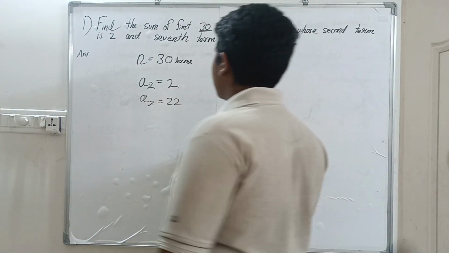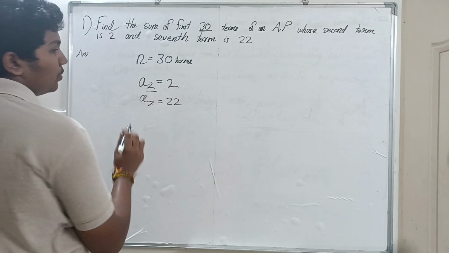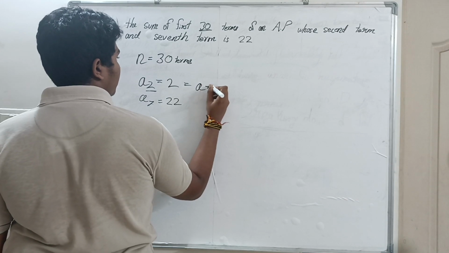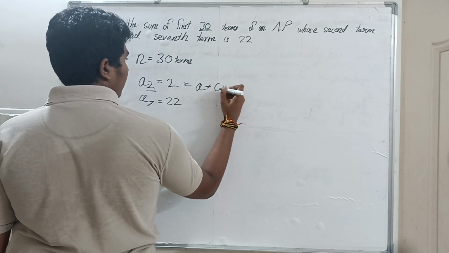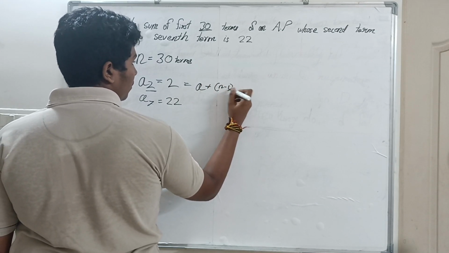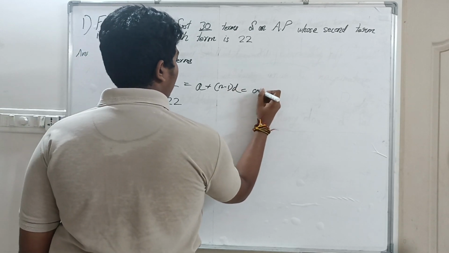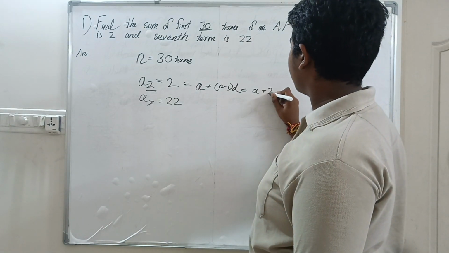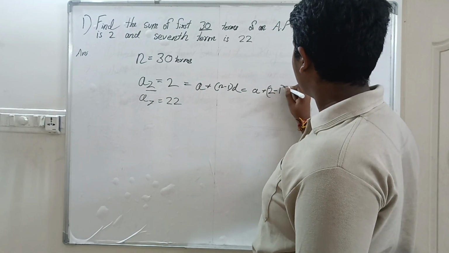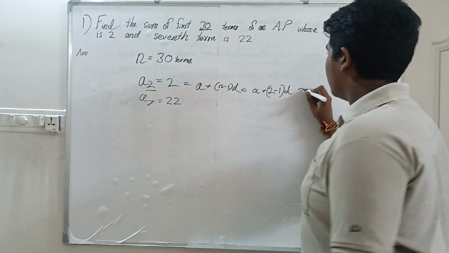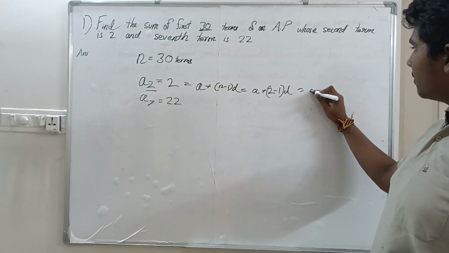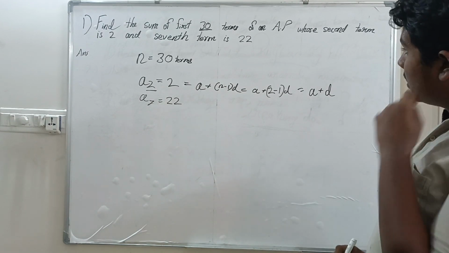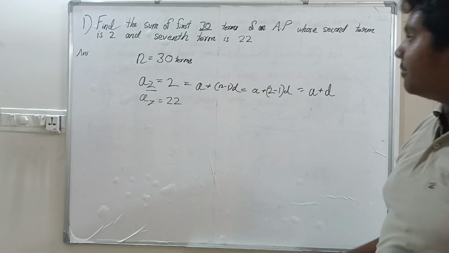So here n is 2, so it will be a plus 2 minus 1 whole d, which will be a plus d, because 2 minus 1 is 1.